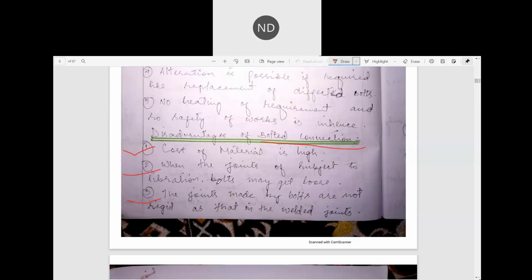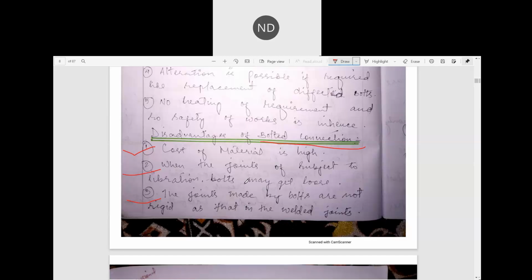But now for the disadvantage, I'm telling you repeatedly, there are three types of connections for connecting your steel members: riveting, bolting, or welding, right? Riveting is obsolete now, so bolting and welding are done nowadays.